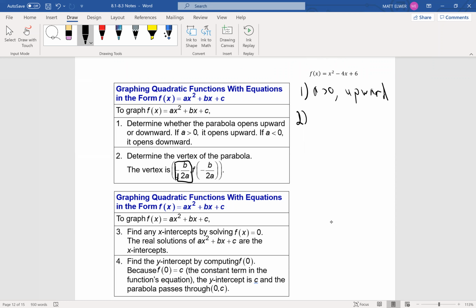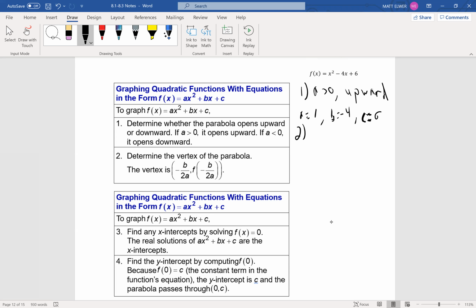That's where we find the vertex. So a is equal to 1, b is equal to negative 4, and c is equal to 6, because that's going to come in handy later.